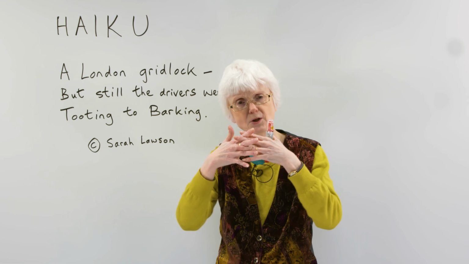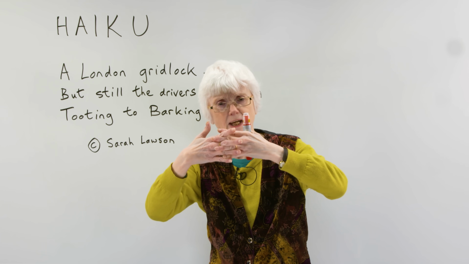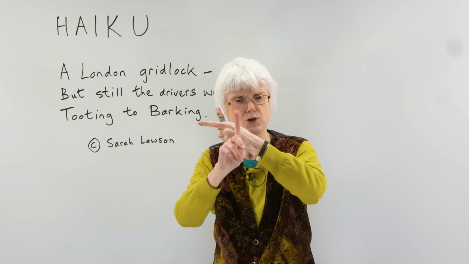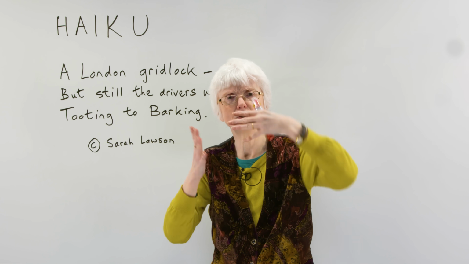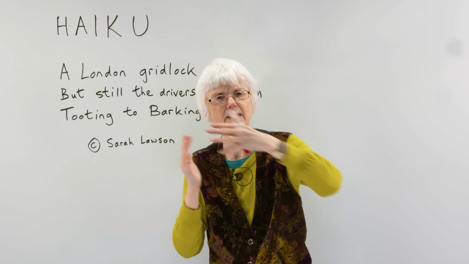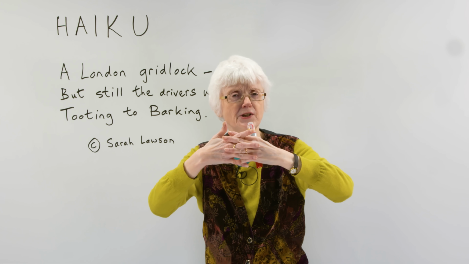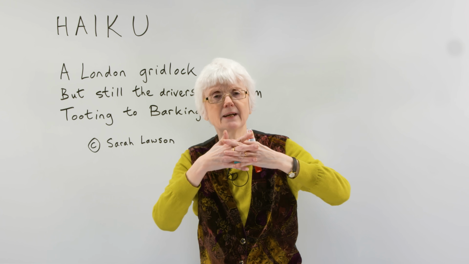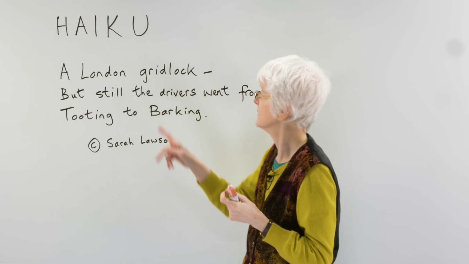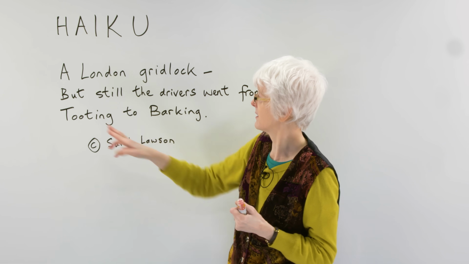And a gridlock is when the traffic just gets so stuck it can't move. If you have a crossroads or something and the traffic, they're trying to get through the traffic lights in both directions, and they're just stuck there waiting and waiting for ages. So that's a gridlock, a London gridlock.